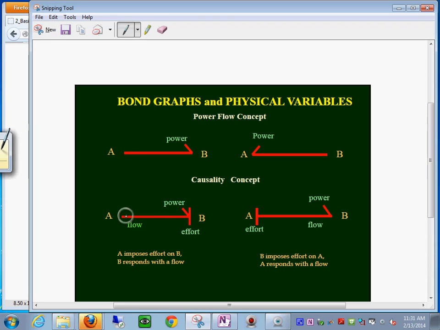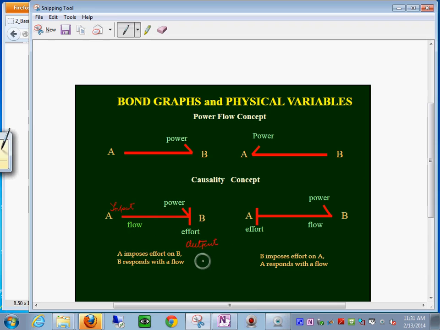This is A, this is B. Isn't it true that this is the output right there, and this is the input to A? So the output and the input in here.